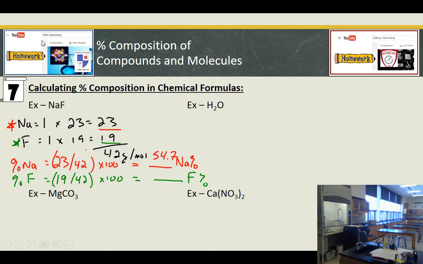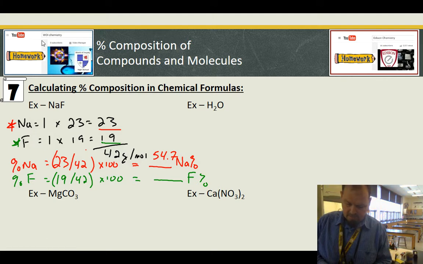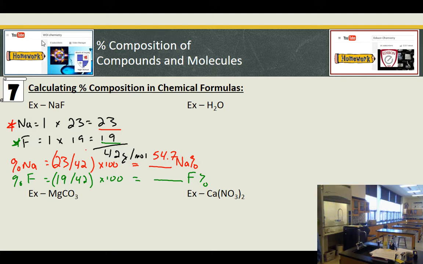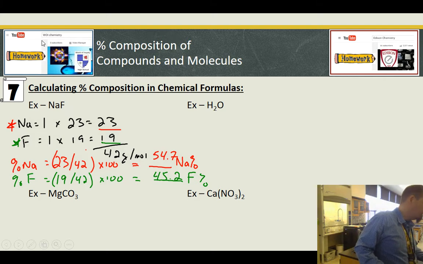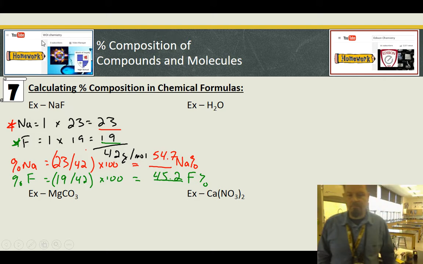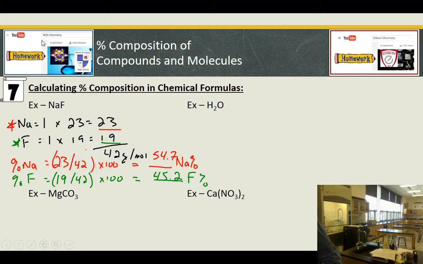And let's see, 19 divided by 42 equals, times 100 equals, I have 45.2. So it comes out to be 99.9, and that's just a rounding issue. So this should equal basically 100. Good.